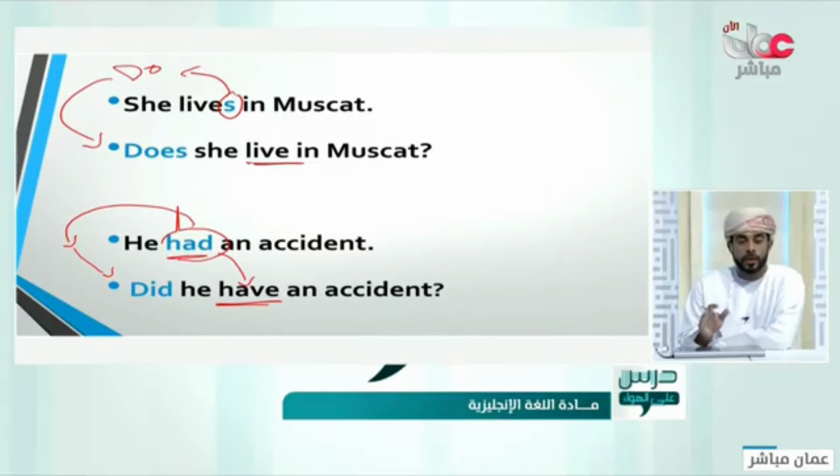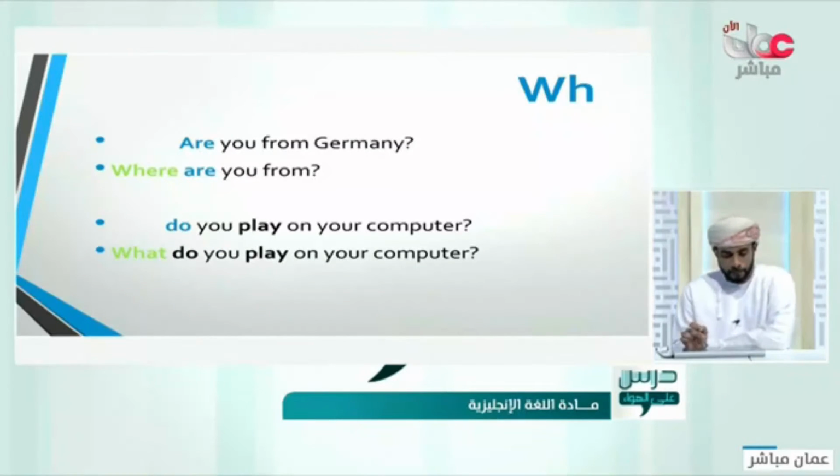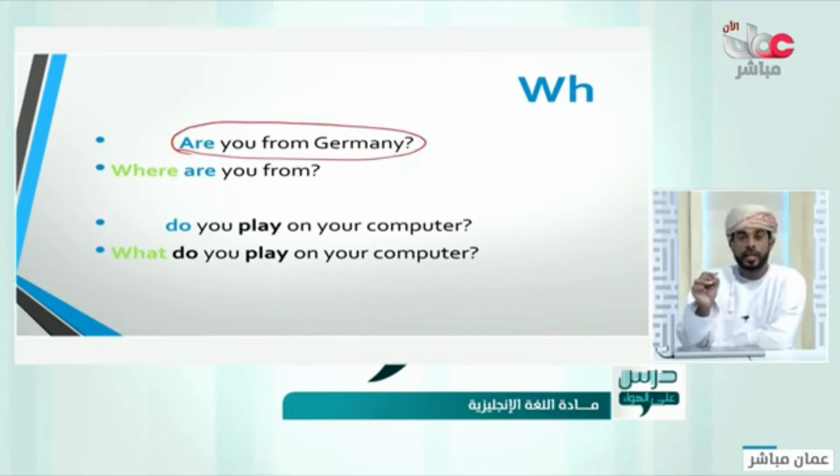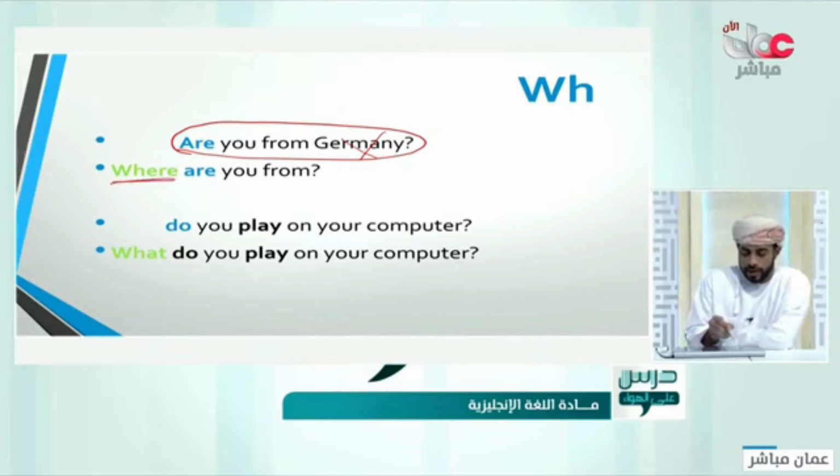The second step is to add the WH question. Okay? After forming the yes or no question, as in here, now you can add the WH question. For example, the first one, are you from Germany? We deleted Germany and we say, where are you from? So we'll just add the where. Some students just go directly to the second step, which is adding the WH, which is really wrong.